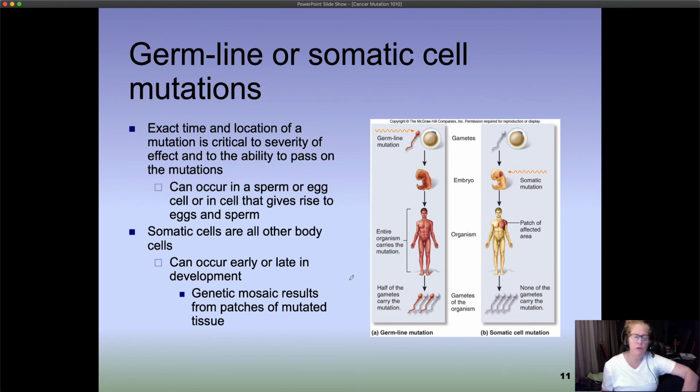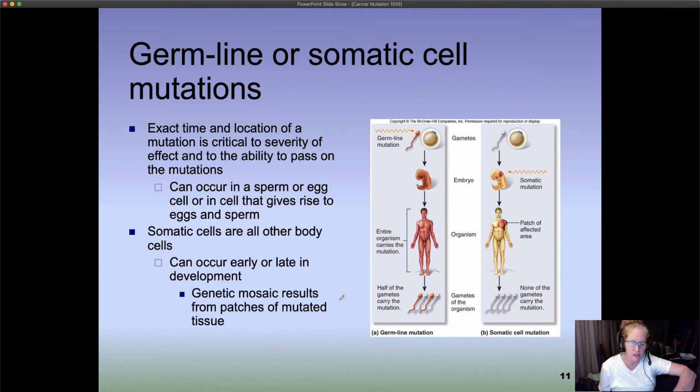Now, is a mutation what we call a germline or a somatic cell mutation? A germline mutation is one that is inherited, and it occurs in the actual gametes themselves. So germline mutations occur in sperm and eggs. Somatic cells are all the other cells in the body, so everything except for gametes.